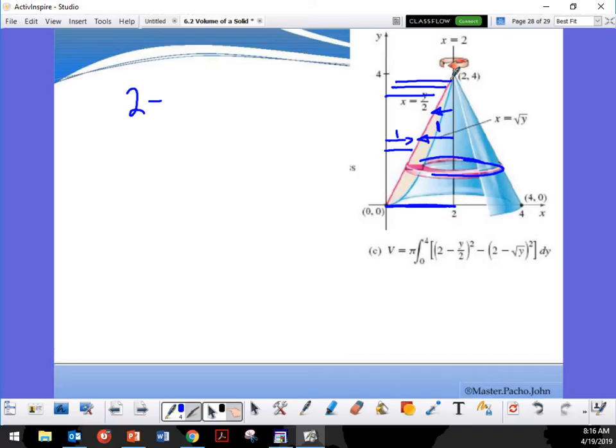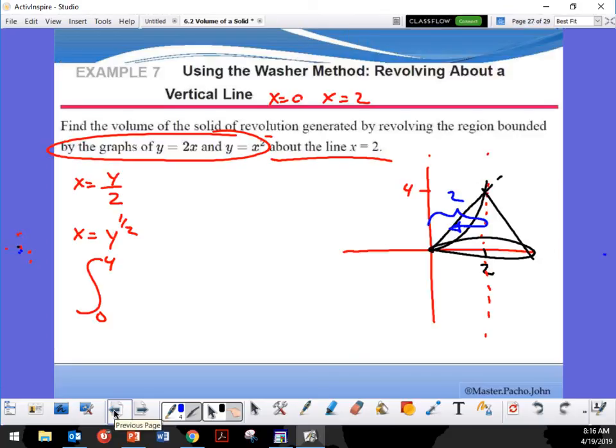All right, I had to go to the good drawing just because mine sucks. So we now know what my function is going to be. It'd be 2 minus my outer function, and my outer function was what? Y over 2, okay, squared. And put in the minus, and then minus my other function, 2 minus y.